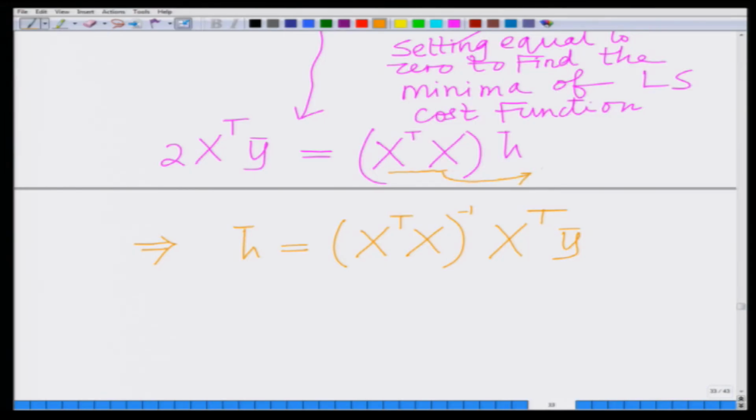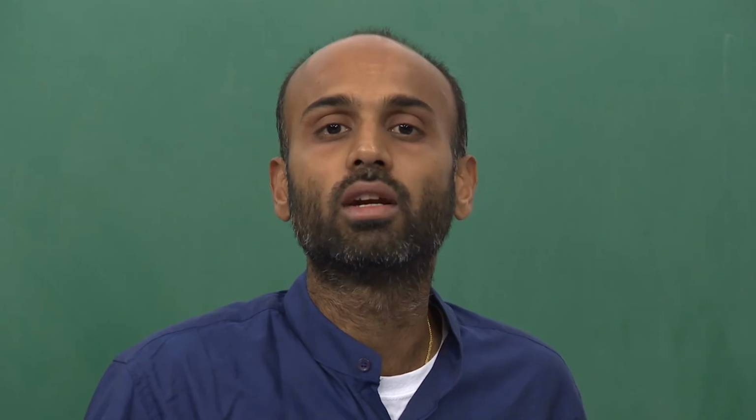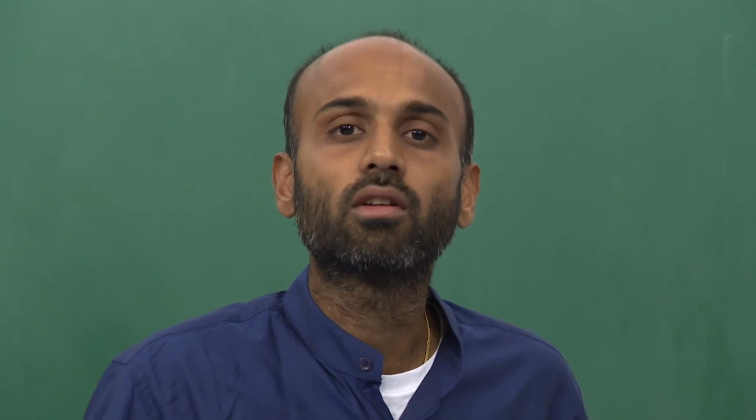So, this x transpose x is an m cross m square matrix, and if this is invertible, I can take it on the left. Therefore, I have h bar equals x transpose x inverse times x transpose y. This is the value of h bar where the derivative of the least squares cost function is 0. Therefore, this is a minima of the least squares cost function.